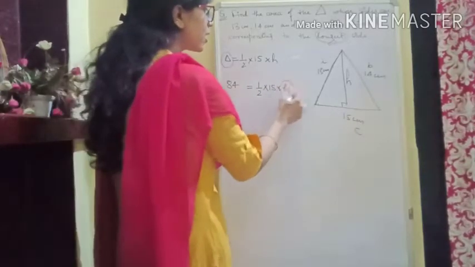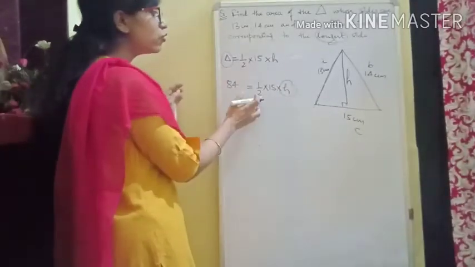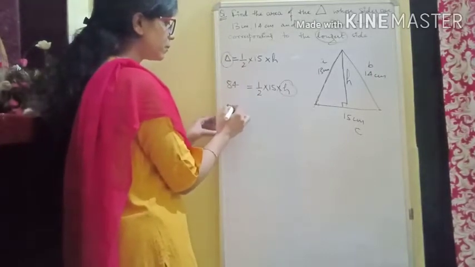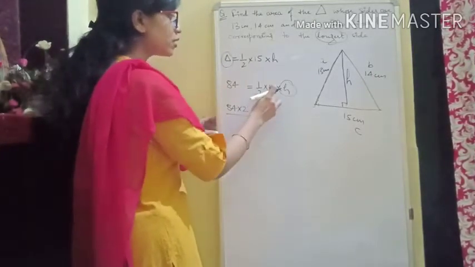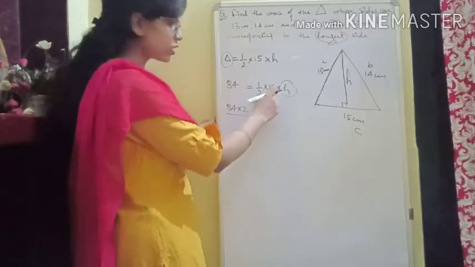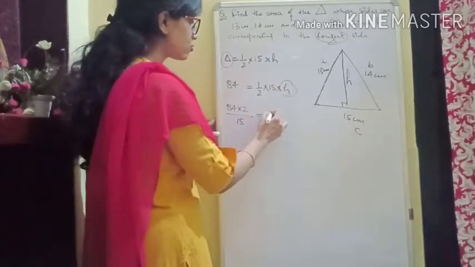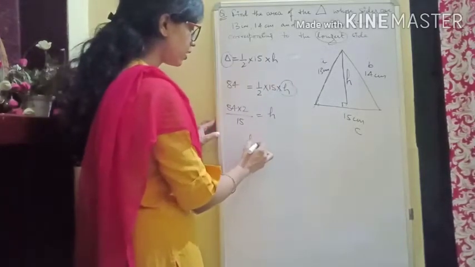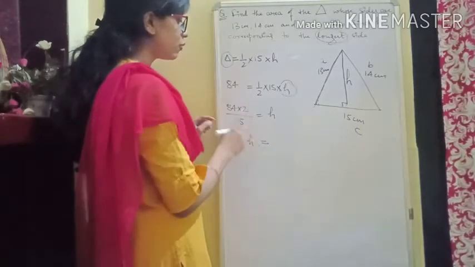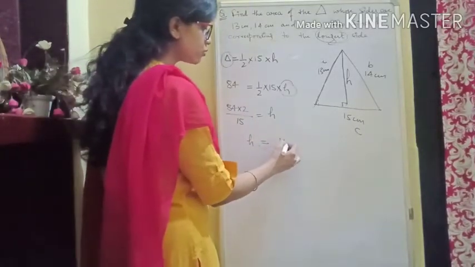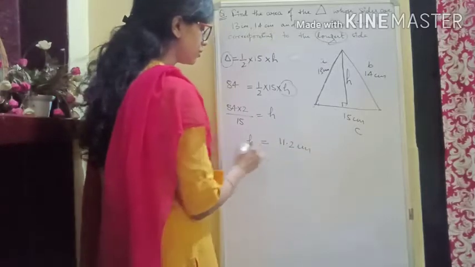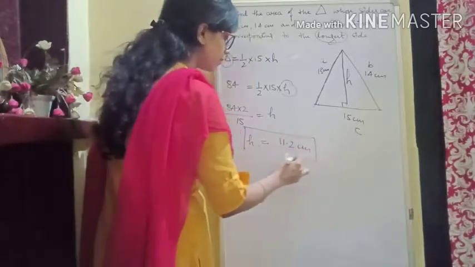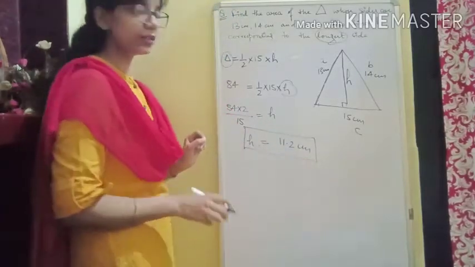To calculate this height, we will take all the things to that side. 2 is in divide, it will come here in multiplication. Divided by this 15, which was in multiplication, it will come here in divide. So it will be h equals, when you simplify them all, you will get it as 11.2 centimeter. So your perpendicular is coming 11.2 centimeter.